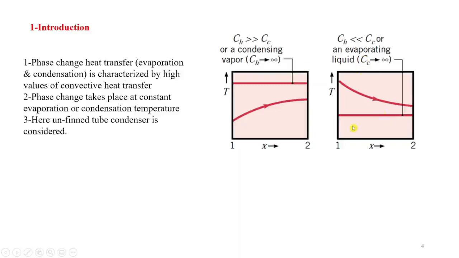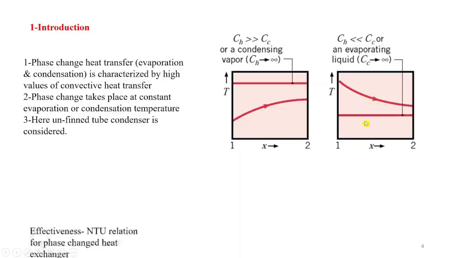So CR, which is the ratio of C min divided by C max, is equal to 0 for both condensation and evaporation. Notice that condensation is a constant temperature process. So the fluid enters as saturated vapor, for example, and leaves as saturated liquid. For the evaporator, it enters as saturated liquid and leaves as saturated vapor.